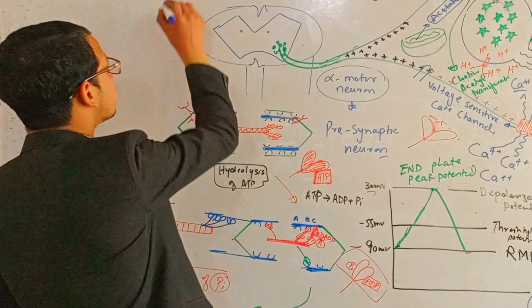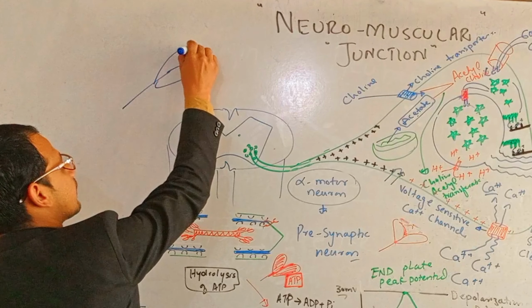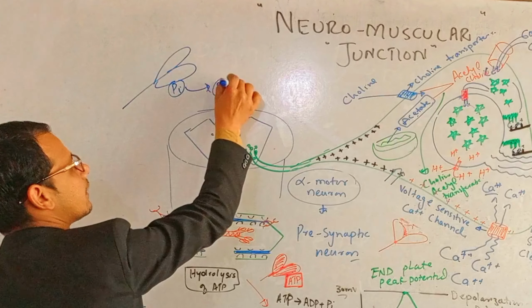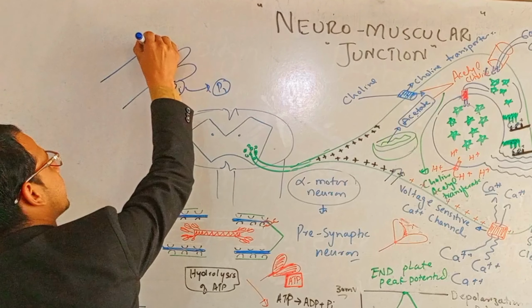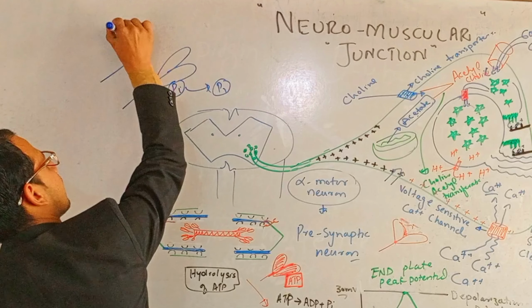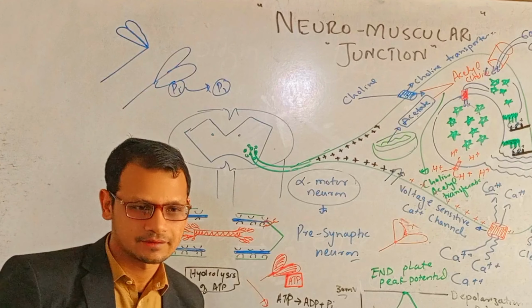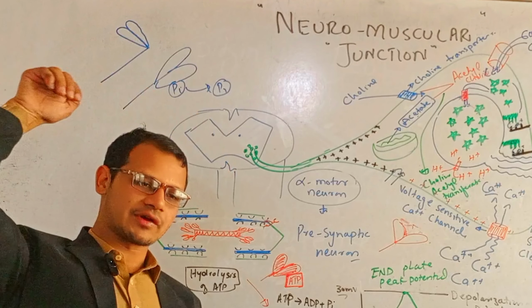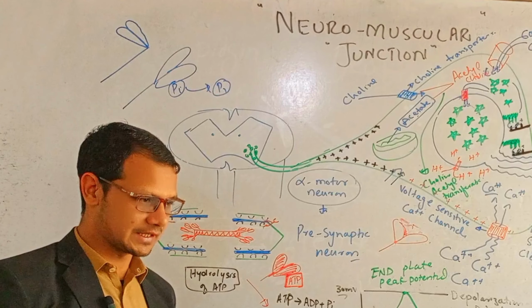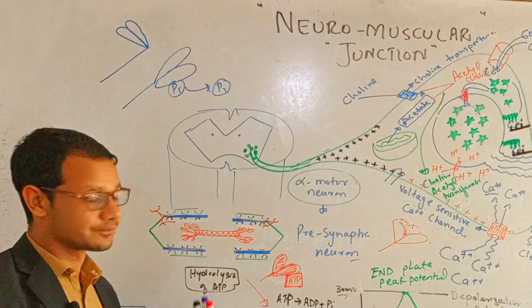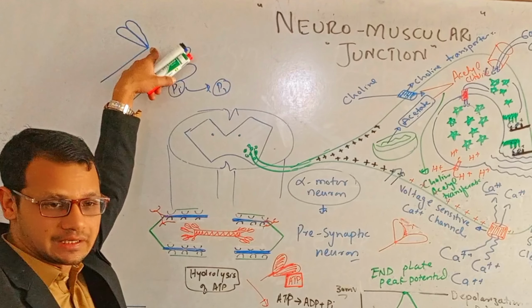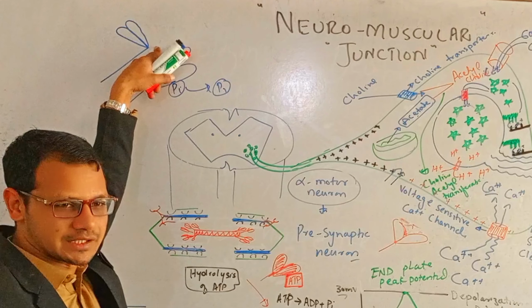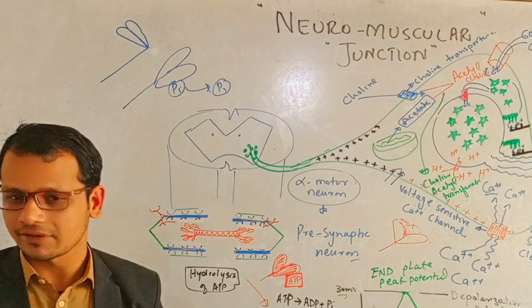For example, this is the head, and when phosphate leaves this head, it becomes like this. And when it bends, it will contract the muscle. This is called the power stroke.